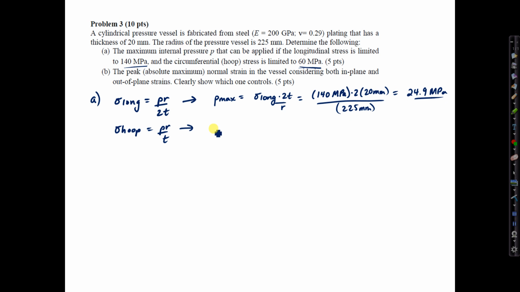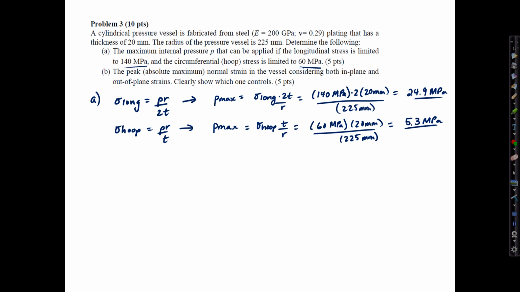For the hoop stress, solve for P max equals sigma hoop times T over R. We'll use the stress limit for sigma hoop, which is 60 megapascals, times the thickness of 20 millimeters divided by the radius, 225. And this gives a value of 5.3 megapascals.